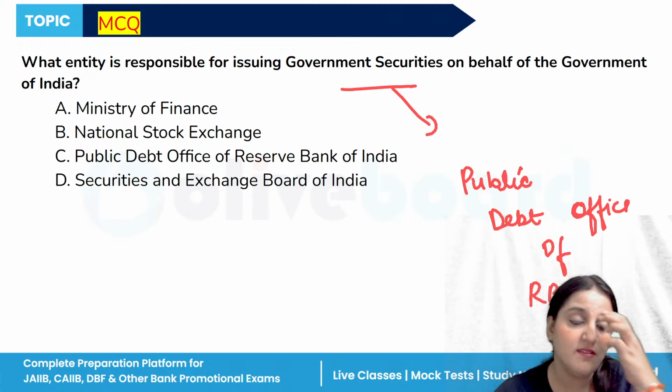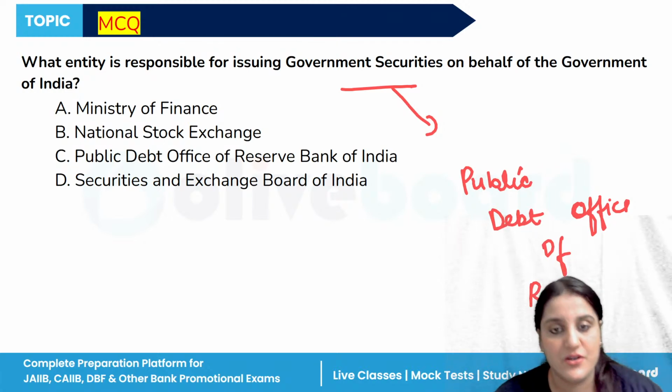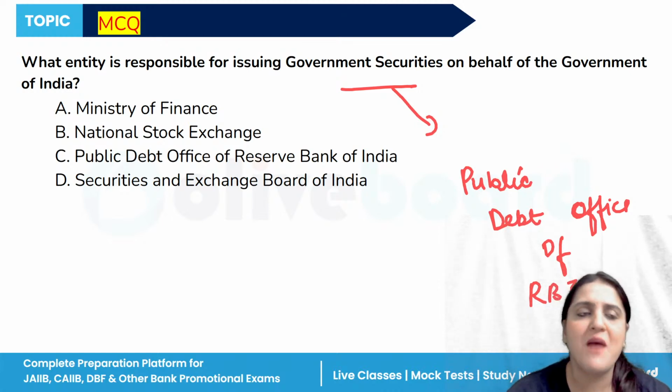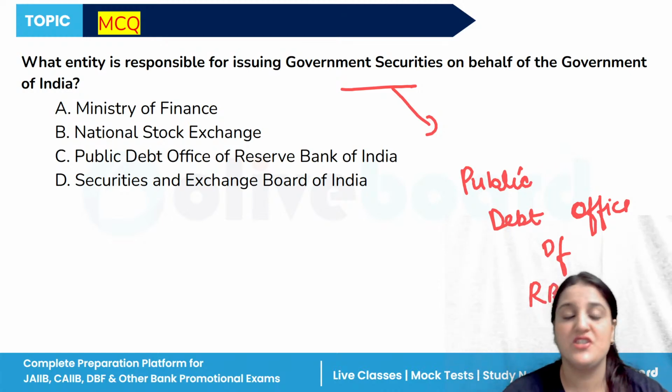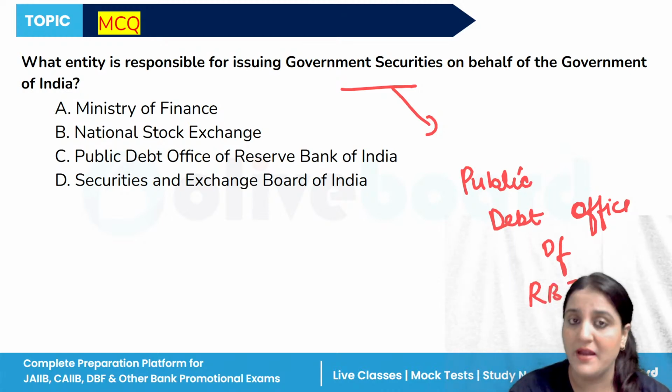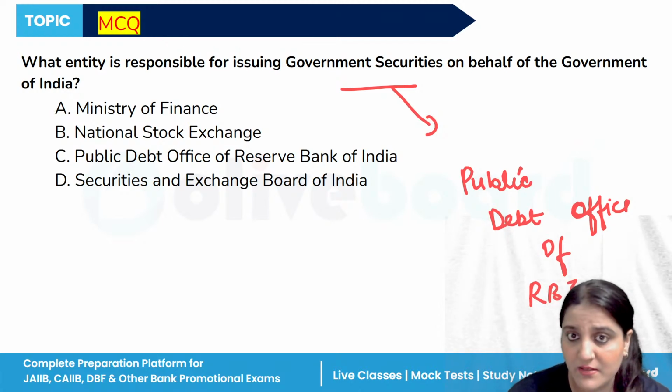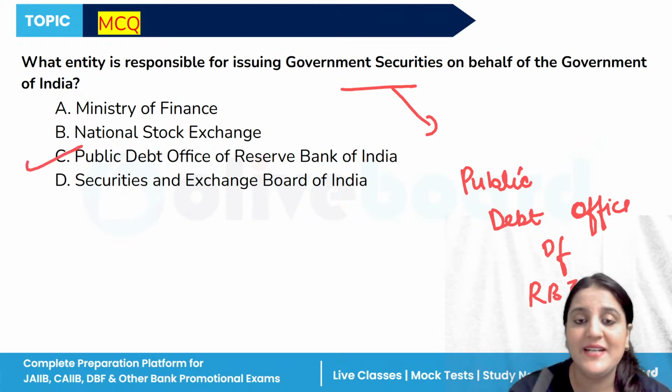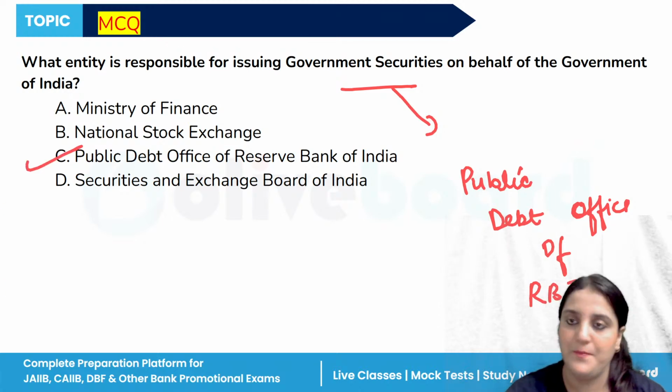Investment businesses are an important part of the integrated treasury and are composed of buying and selling products available in the securities market. But which entity is responsible? The Public Debt Office of the RBI.